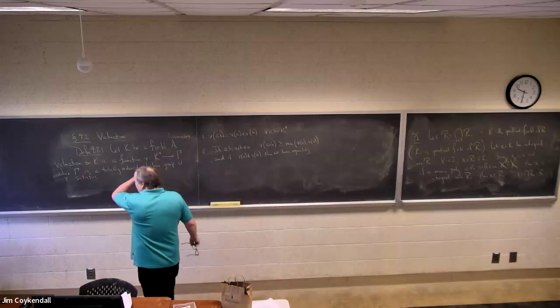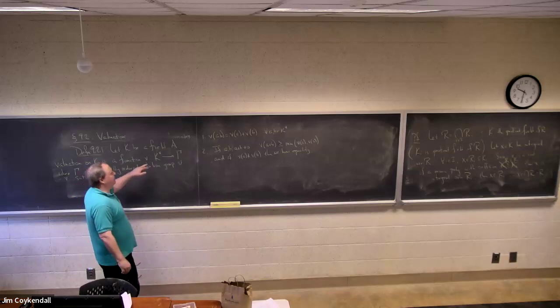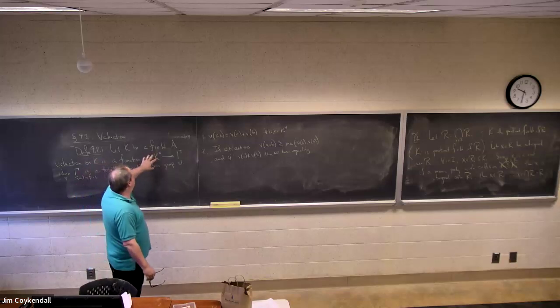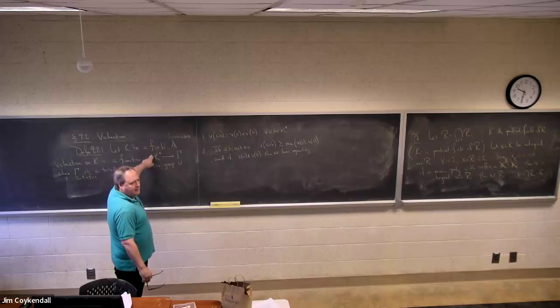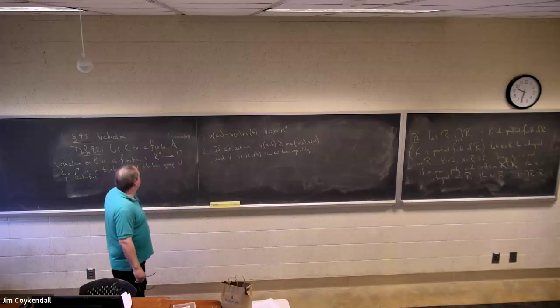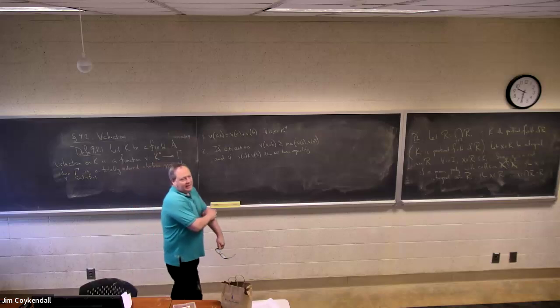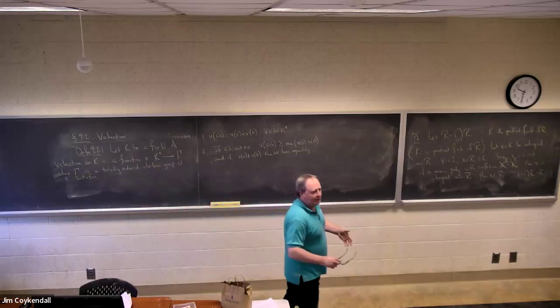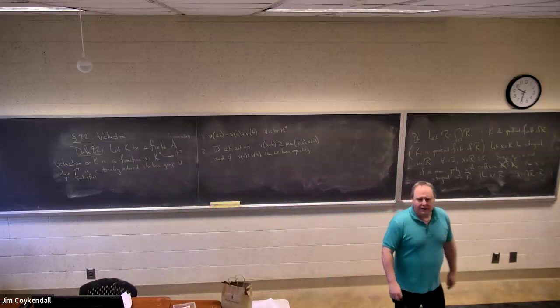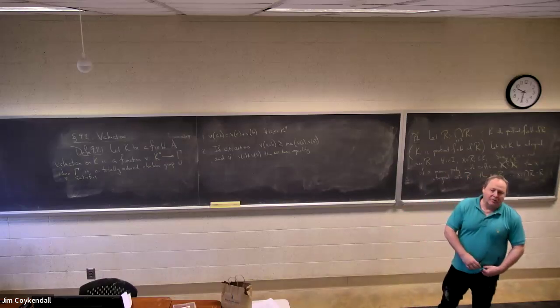So what is a valuation on a field? It's a way to measure things. Notice that you're taking the elements of K star and you're going into gamma. What is gamma? It's a totally ordered abelian group. And because gamma is totally ordered, that gives us a way to measure the size. I'll give you an example of a very standard totally ordered abelian group, the integers, right?